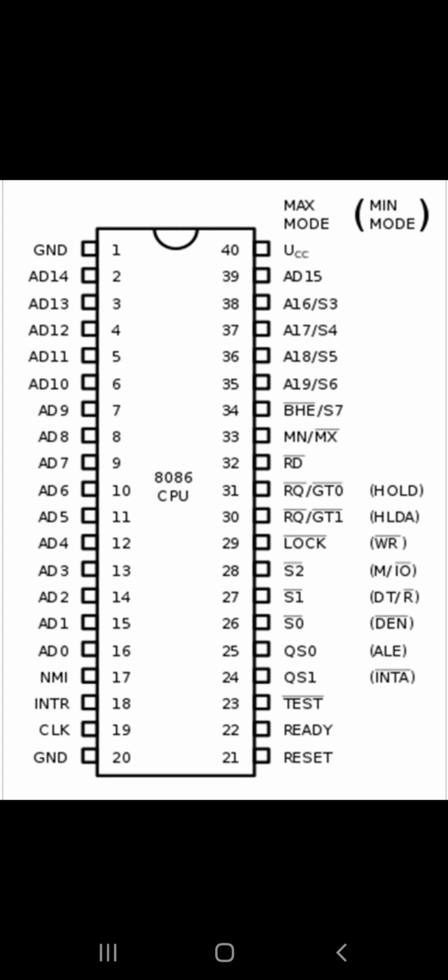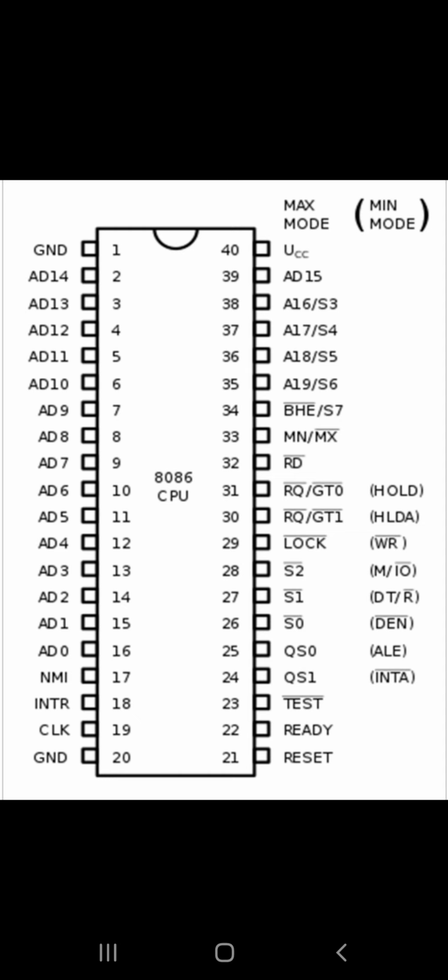This ready pin will be connected with that device, and whenever 8086 wants to transmit some data to that device, this ready pin will be used for sensing or checking the status of that device, whether that device is ready to receive the data or not. For example, 8086 wants to transmit 16-bit data. If the ready pin connected to that device has a value 1 on it, that means the device is ready to accept the data, so the 8086 can transmit the data to that device.